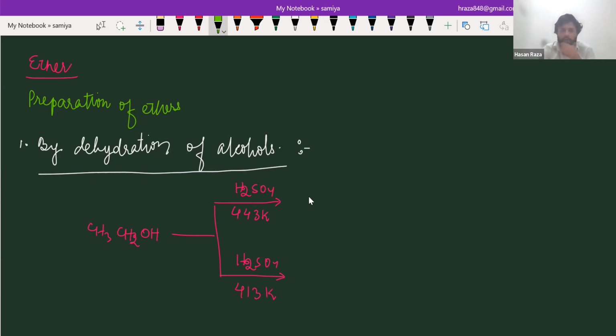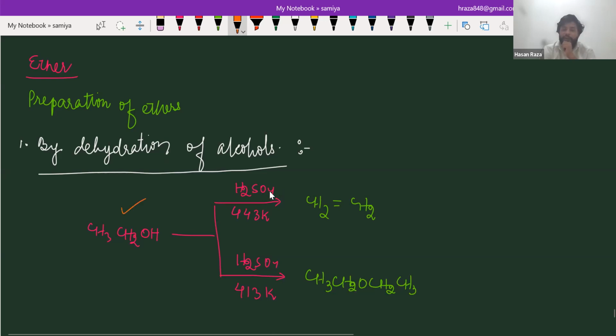Here you will get CH2=CH2, and here you will get CH3CH2OCH2CH3. That means you have to be careful about the reagent and the condition.